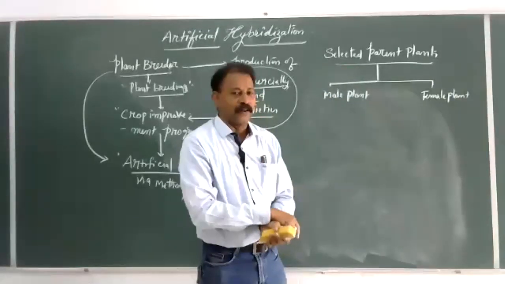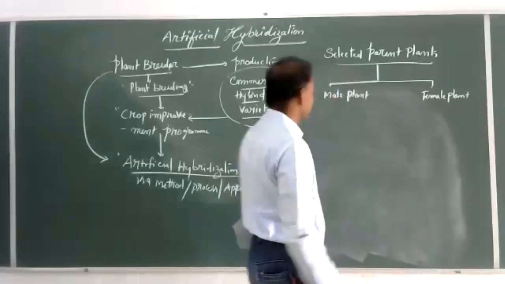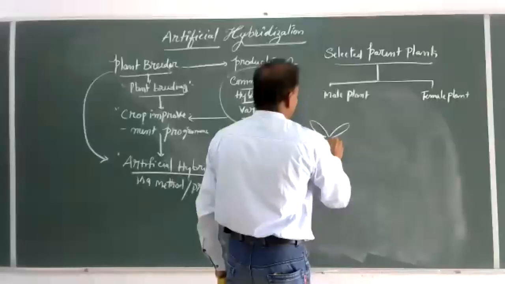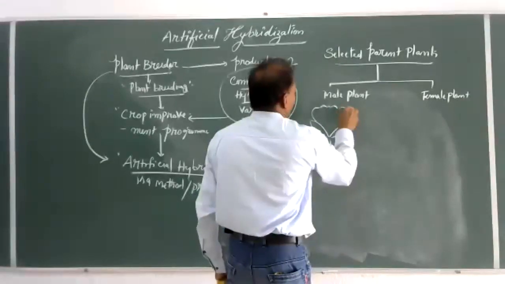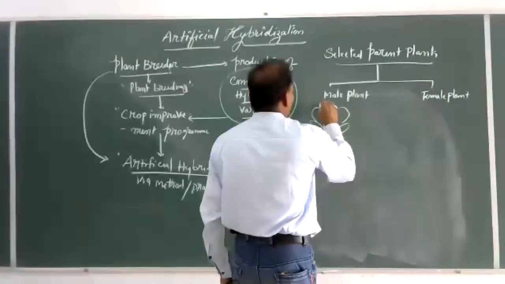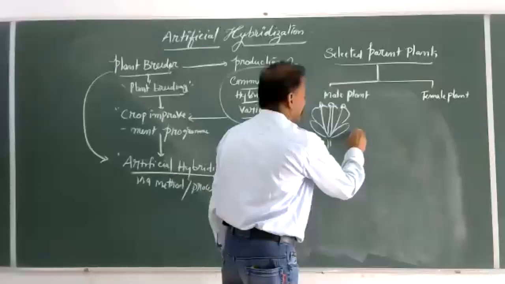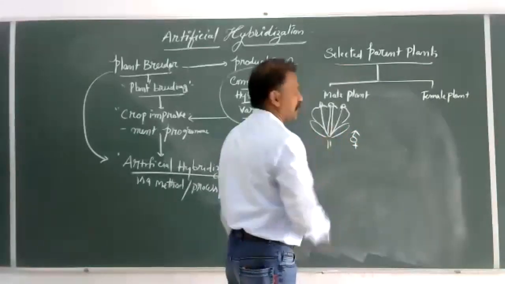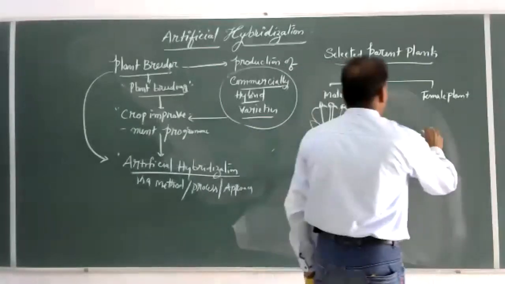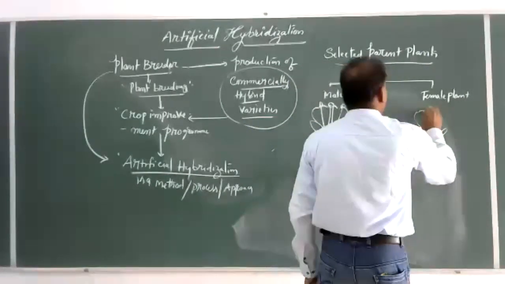For example, if both plants have bisexual flowers, the male plant has bisexual flowers, meaning androecium and gynoecium, and the female plant also has androecium and gynoecium.